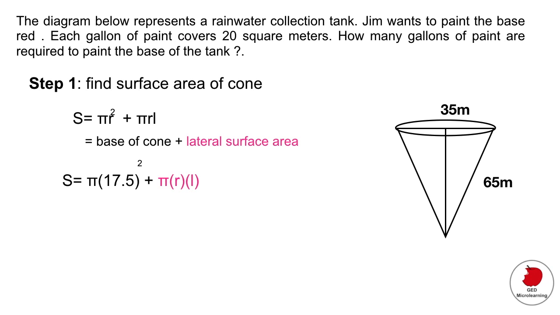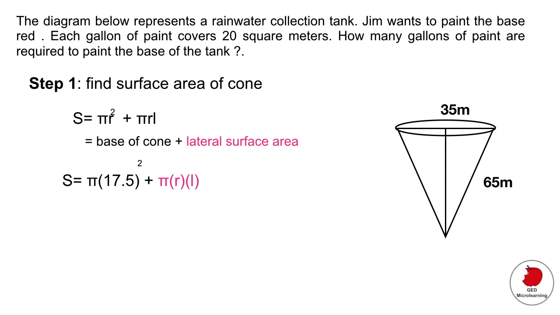Okay, so for the base of the cone, we would have to multiply pi times the radius squared. Okay, we don't have the radius. What they're giving us is the diameter. So the diameter is 35 meters. And remember that the radius is half the diameter, okay? So 35 divided by 2 is 17.5.